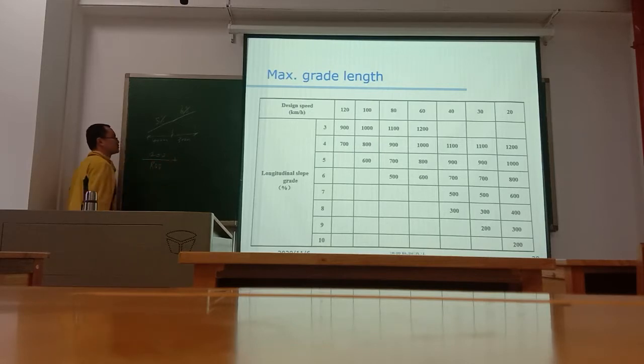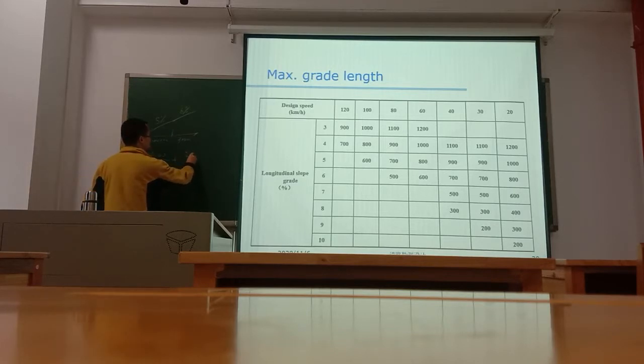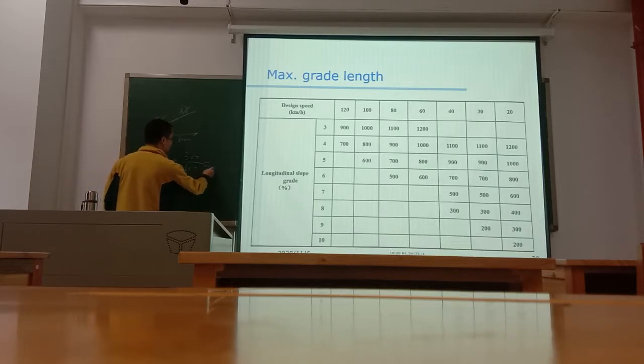For 6%, the maximum length is 600. We use 300 divided by 600.